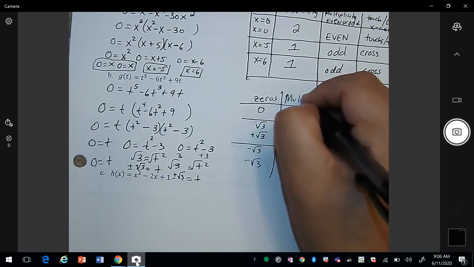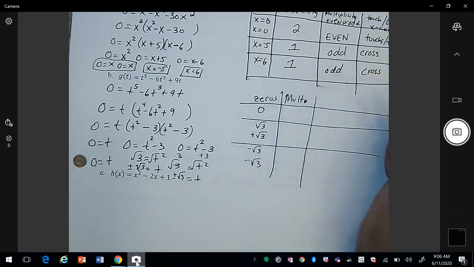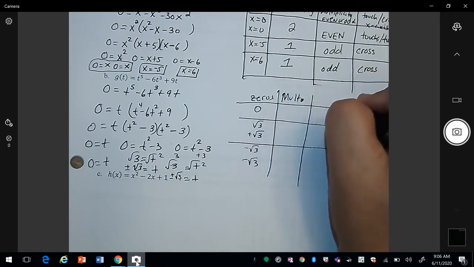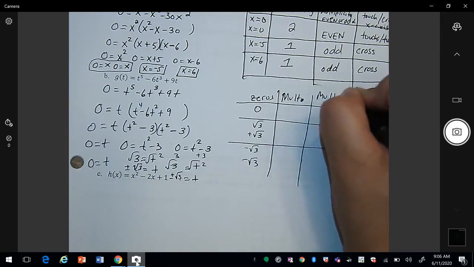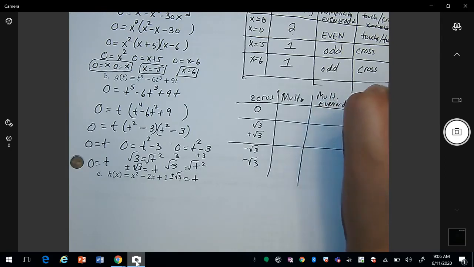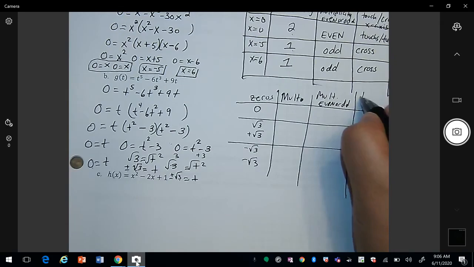So multiplicity, I'm just going to call it MULT. And then whether it's even or odd. And then if it touches or crosses.